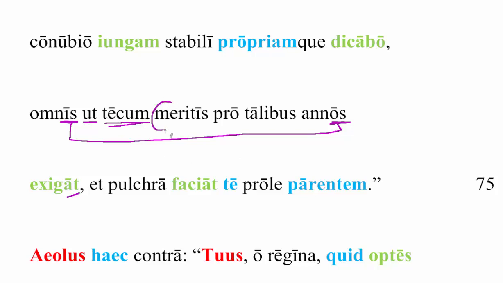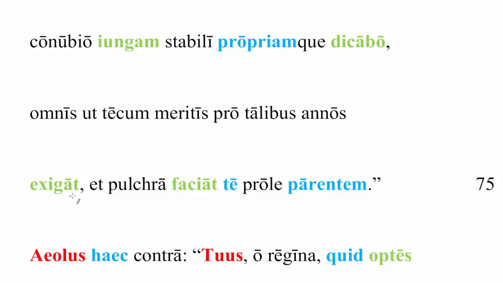And then this right here is a prepositional phrase with pro. In return for such merit or deservingness. And this is the merit or deservingness of Aeolus. So let's go back and look at the whole thing, at least the first part.